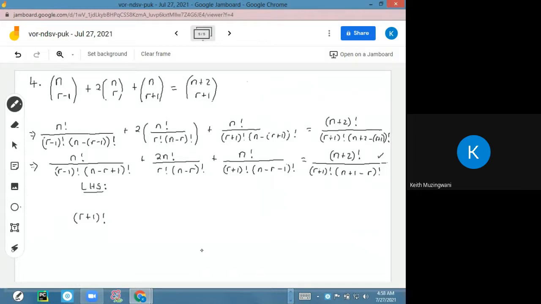Since we can write r plus 1 factorial as r plus 1 multiplied by r plus 1 minus 1, multiplied by r plus 1 minus 2 factorial, this is the same as r plus 1, r, and r minus 1 factorial.